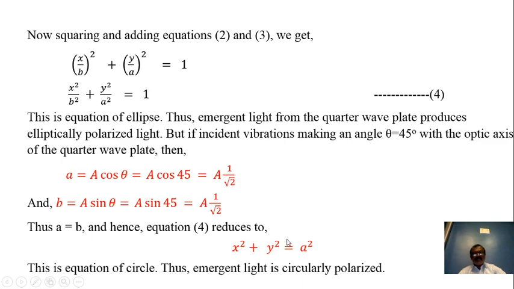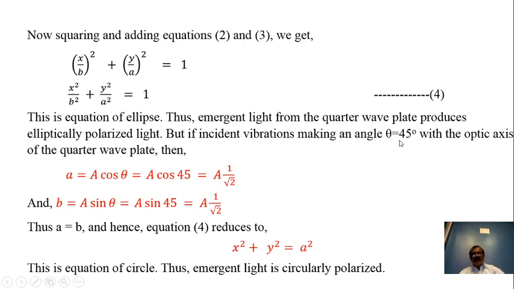So in this way we can produce circularly polarized light. We can also produce elliptically polarized light by using a quarter wave plate. Whether we produce elliptically or circularly polarized light depends only on the angle made by the vibrations with the optic axis.